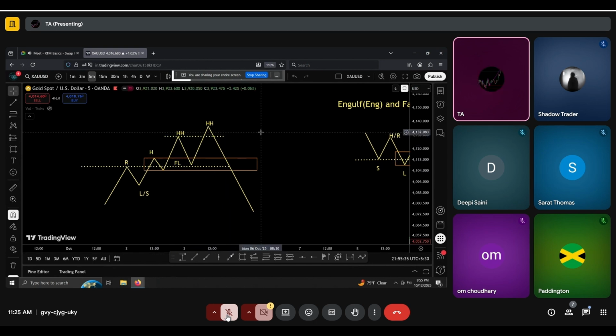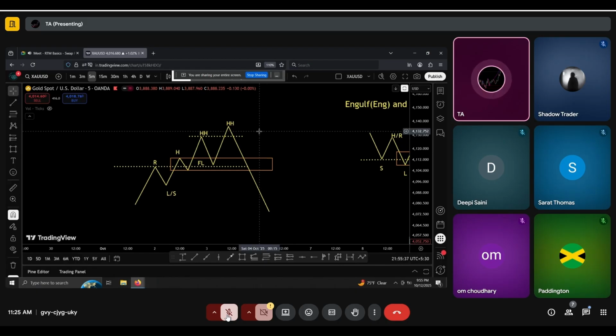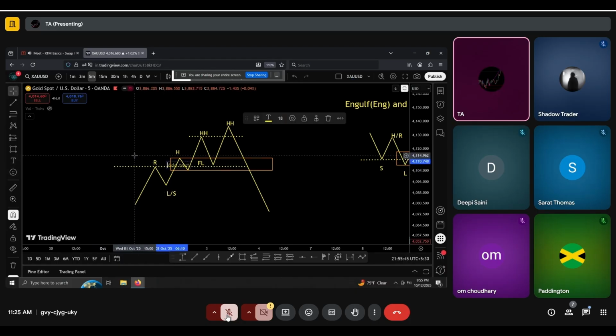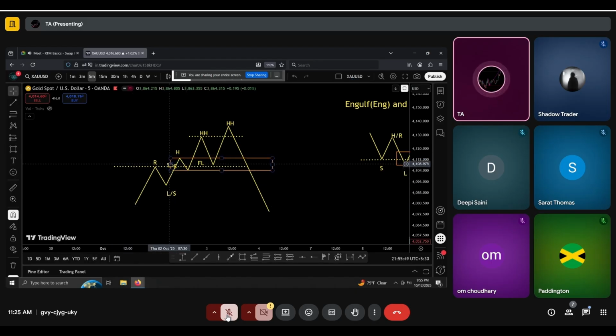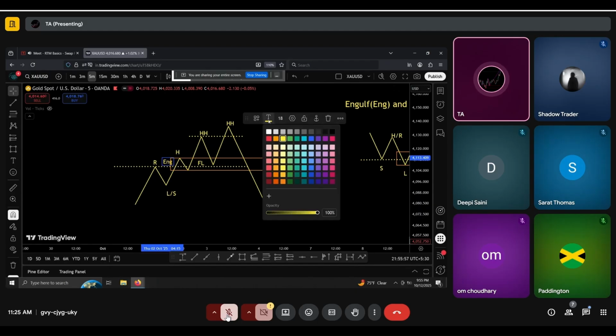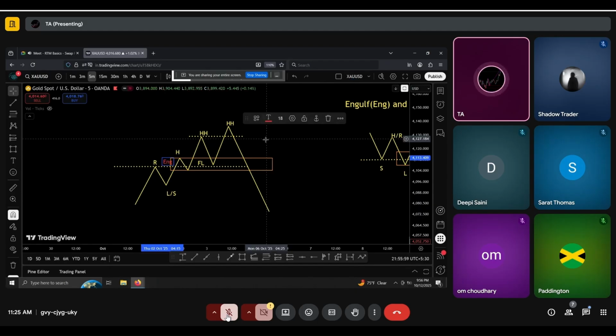So here we see engulf is happening at many places. Like first, this level is broken to upside. We call this engulf. And again, engulf. Engulf happens here. First engulf happened here. We will change the color. So engulf, right?